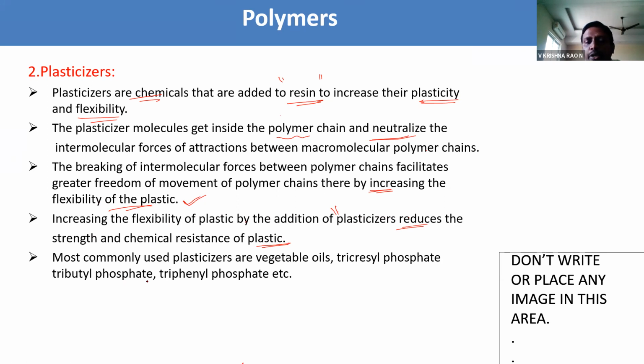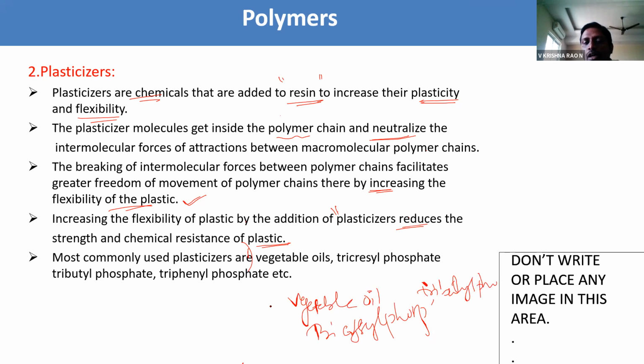Here, the most commonly used plasticizers are, these are the examples: vegetable oil, tricresyl phosphate, tributyl phosphate, and triphenyl phosphate.